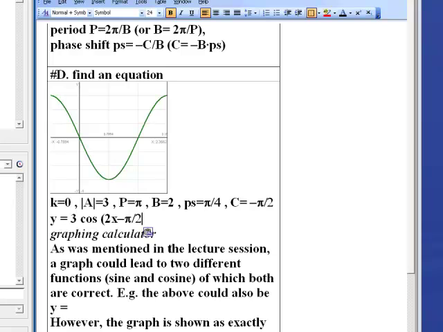Here's something that I had mentioned in the lecture, that a graph could lead to two different functions, sine or cosine, of which both are correct. For example, the above could also be, if we started right here, negative 3 sine of 2x.